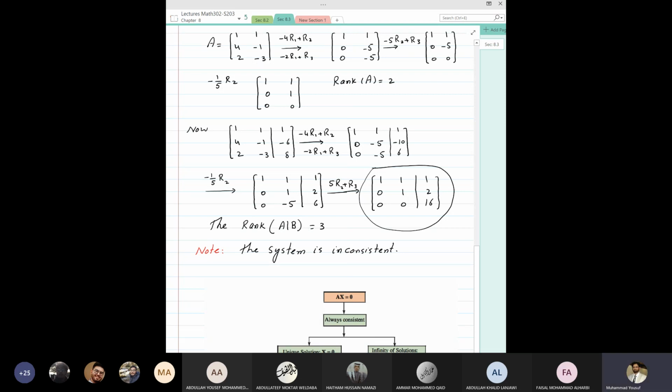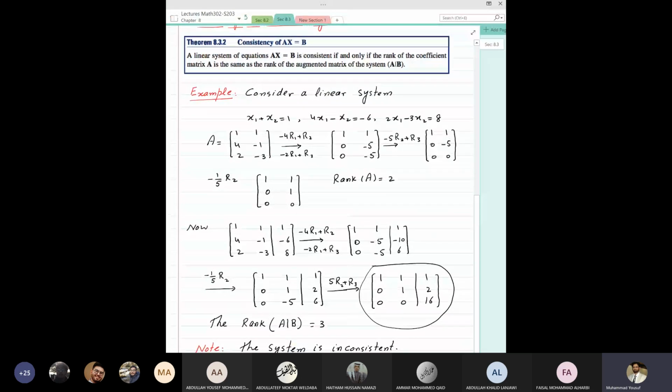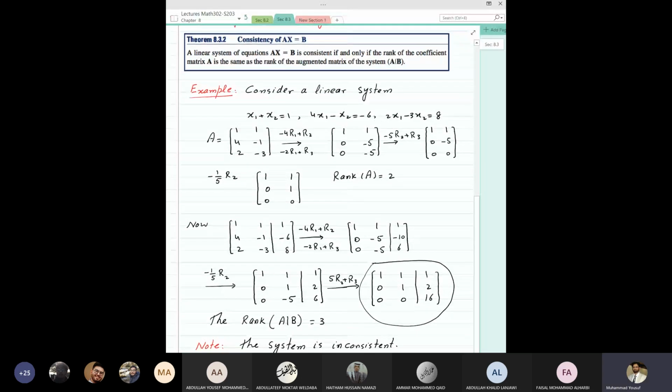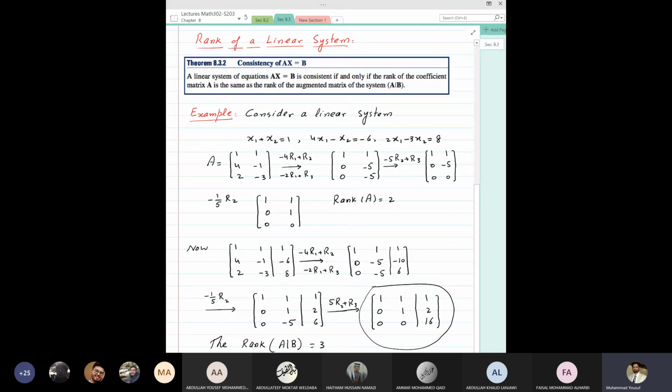So whatever it is, the rank of this augmented matrix AB is 3 and the rank of the coefficient matrix is 2. They are not equal. So this theorem is not satisfied. This theorem says a linear system is consistent and has a solution if and only if the rank of the coefficient matrix is the same as the rank of the augmented matrix.